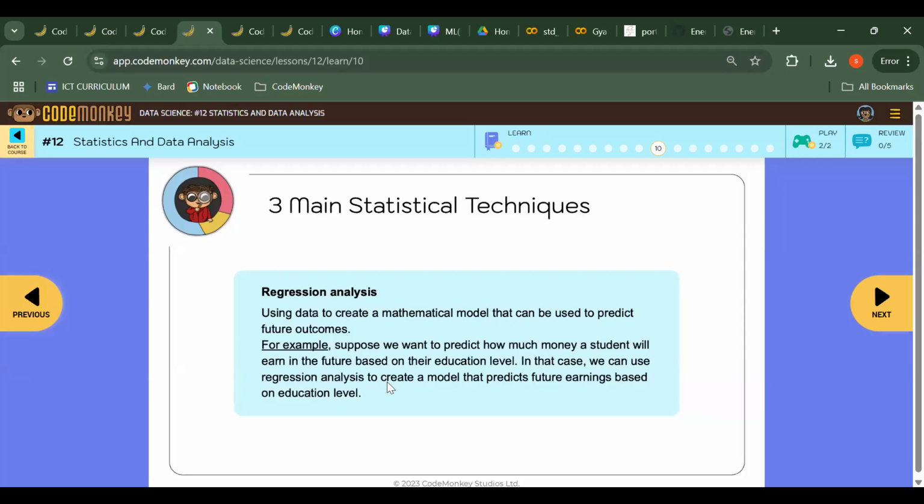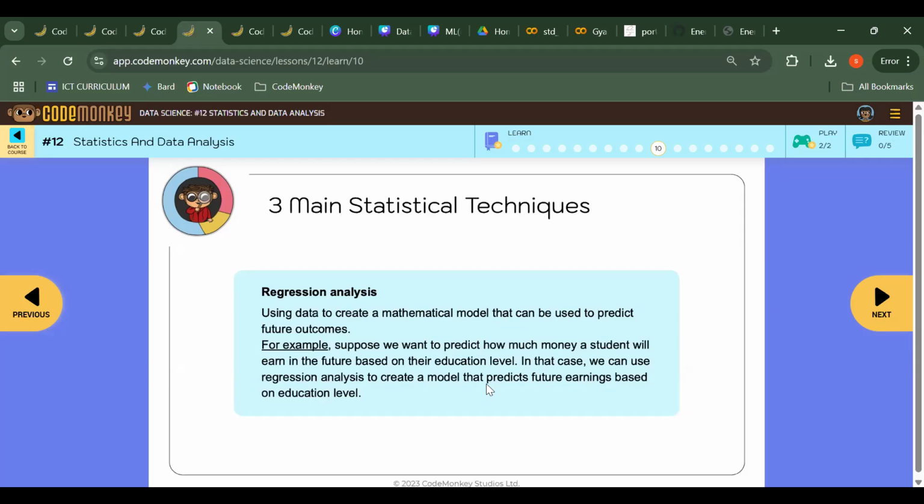It could be anything. For example, suppose we want to predict how much money a student will earn in the future based on their education level. Their salary depends on their education level. In this case, you can use regression analysis to create a model that predicts future earnings based on education level.